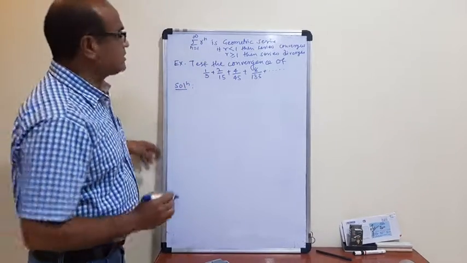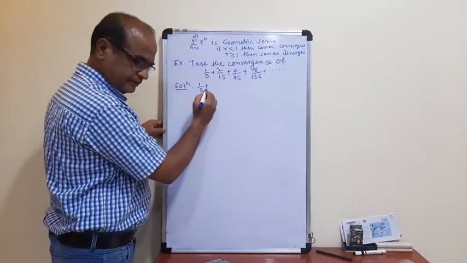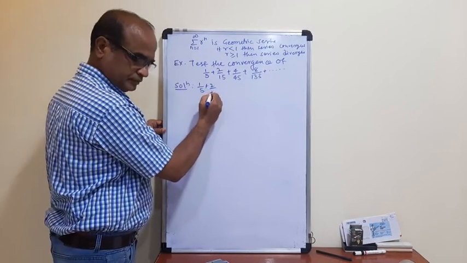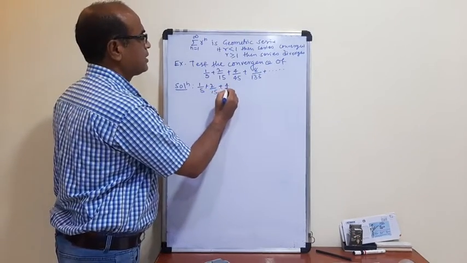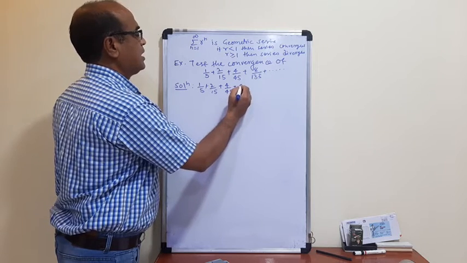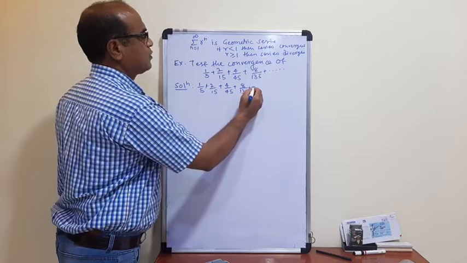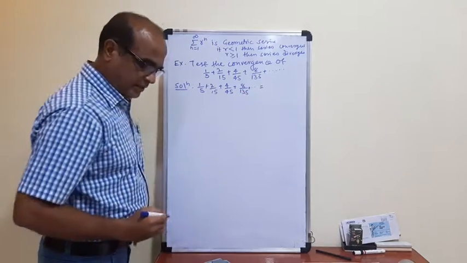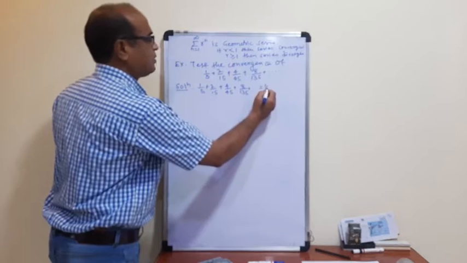So the given series can be written as 1 upon 5 plus 2 upon 15 plus 4 upon 45 plus 8 upon 135 and so on. We take 1 by 5 common out from this series.